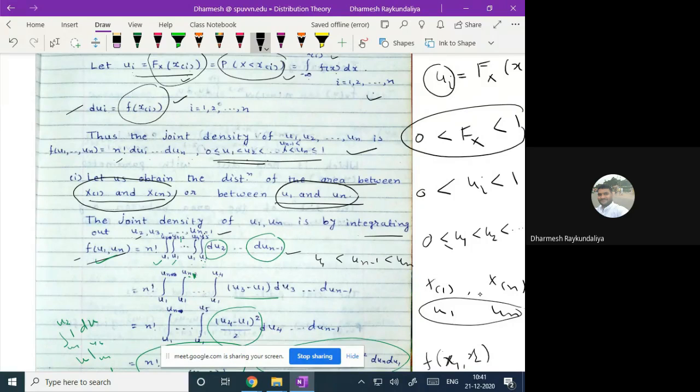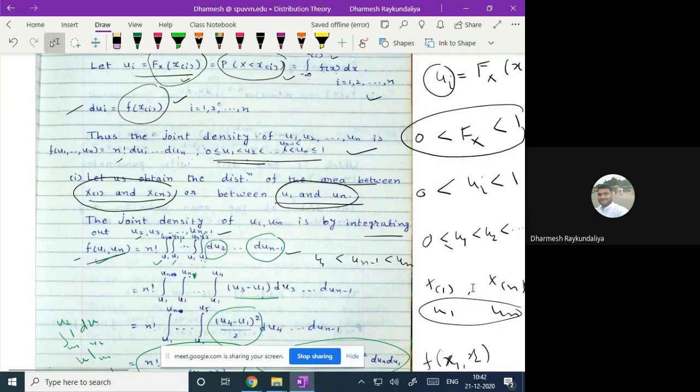If you take the integration of du2 in the range u1 to u3, it is u3 minus u1. If you again integrate u3 minus u1 over u1 to u4, it is (u4 minus u1) squared divided by 2.